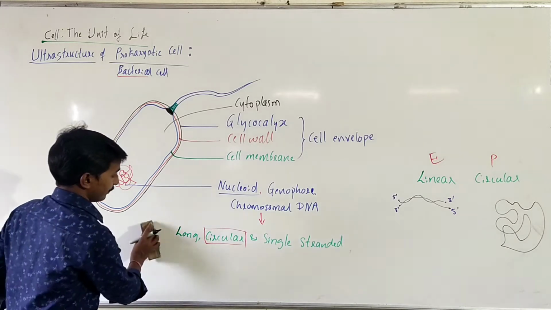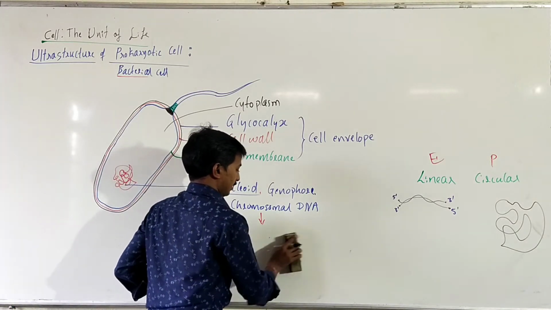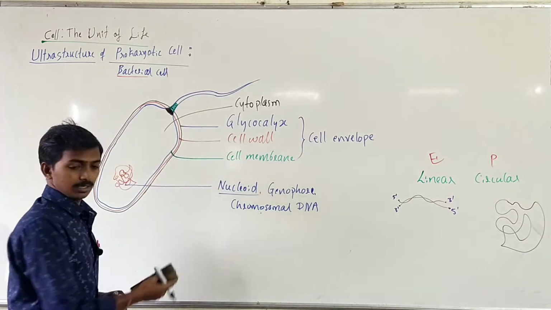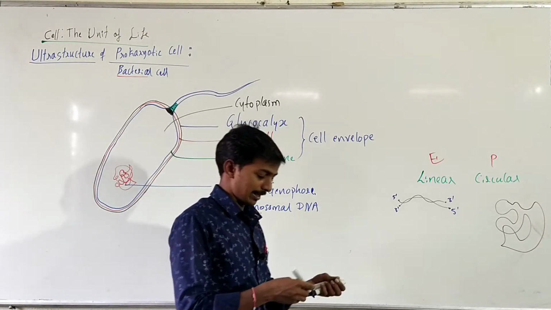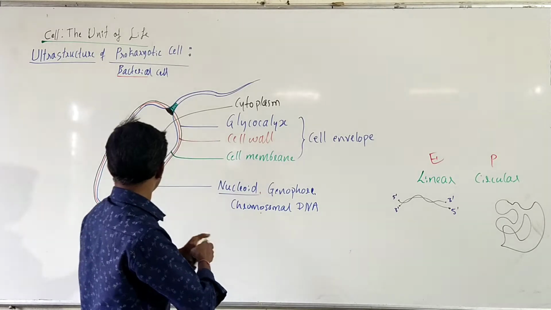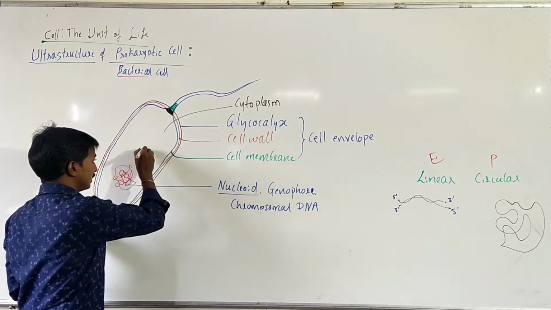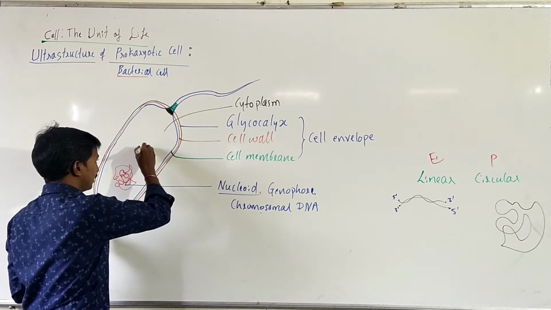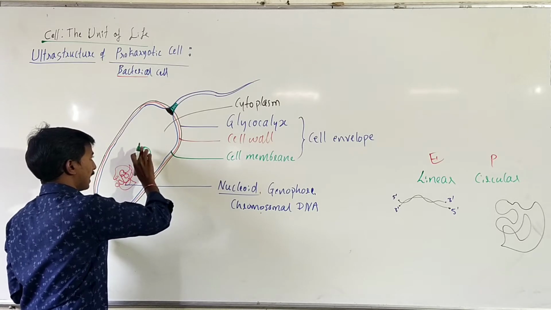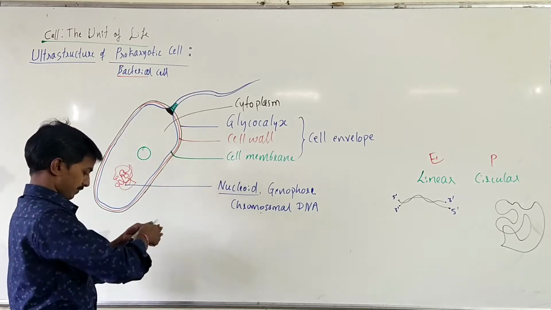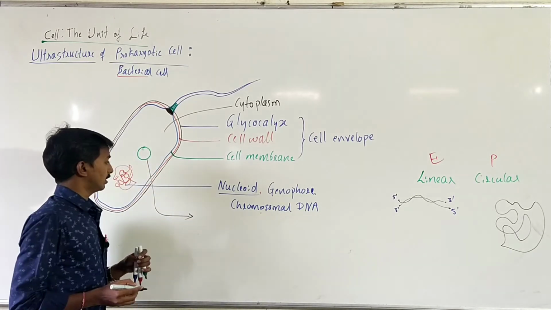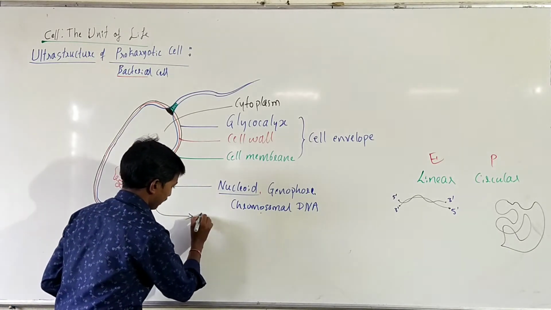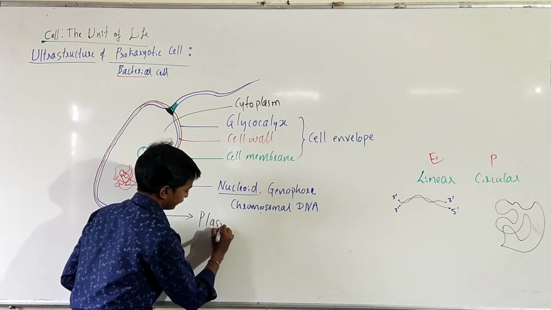Then some prokaryotes have another set of DNA. That additional DNA present in the prokaryotes is known as plasmid.